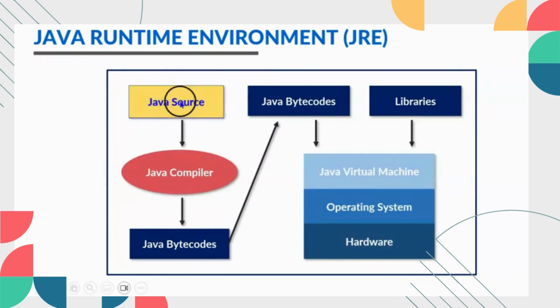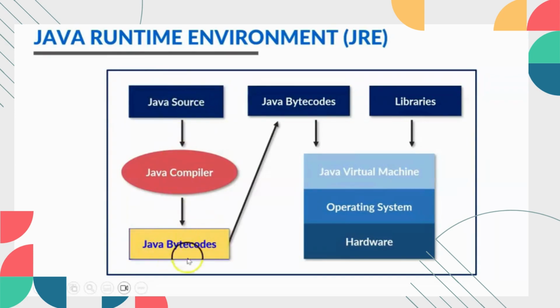Whenever we write any Java source code, which is saved with the extension .java, it needs to be compiled into Java bytecode. As I told you, Java is portable: we write the code once and run it anywhere. Whatever source code you write is compiled and converted into this bytecode, and this bytecode is portable.